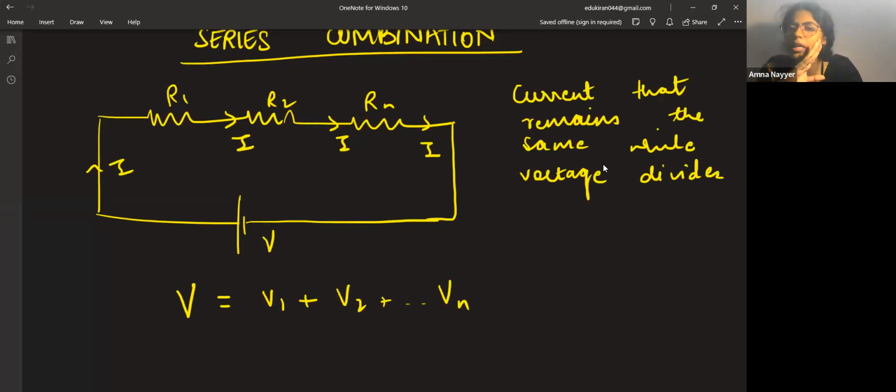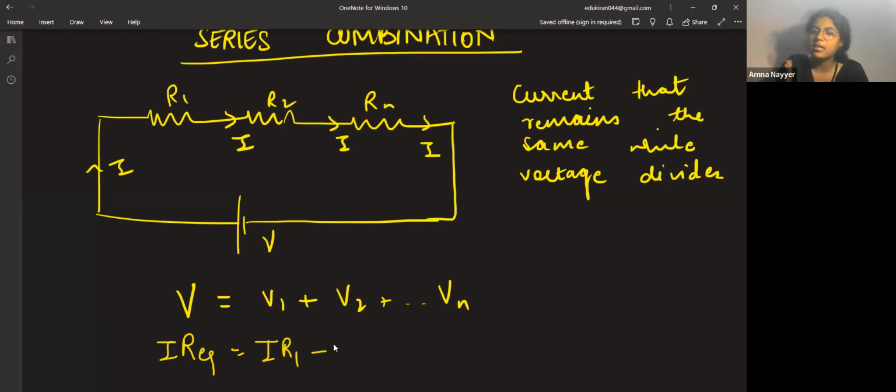And voltage will not be the same because of devices like resistors coming in between. So net voltage will be V1 plus V2 plus V3 plus V4 up till Vn. So V is equal to I into R equivalent. For the total voltage, I'll write total current into total resistance. For the first voltage, total current into first resistance. For the second one, total current into second resistance.